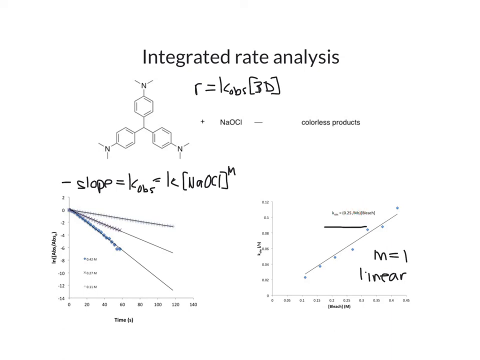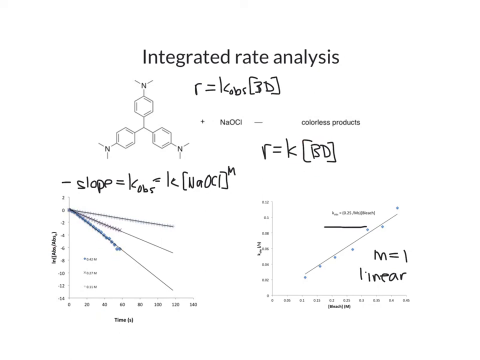So finally, I can write that the rate law for this reaction is k times the blue dye concentration raised to the first power, because I can see that the first order integrated rate equation fits my blue dye data. Natural log of absorbance versus time is linear, so it's first order in blue dye.